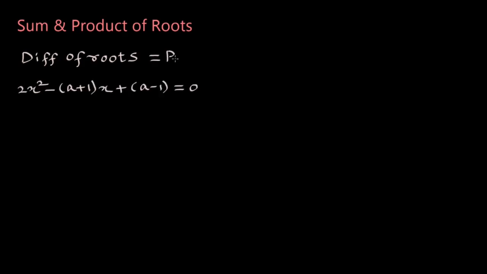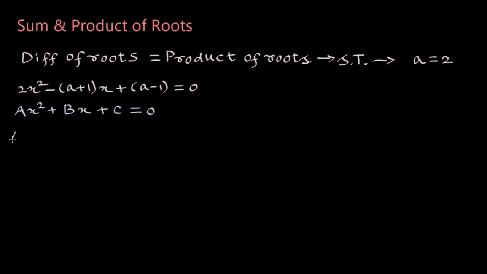If the difference of roots of a quadratic equation equals the product of roots, we have to show that a equals 2. First we compare the given quadratic equation with the standard equation. That gives a equals 2, b equals minus (a plus 1), c equals a minus 1.